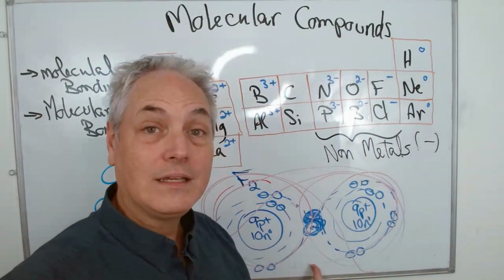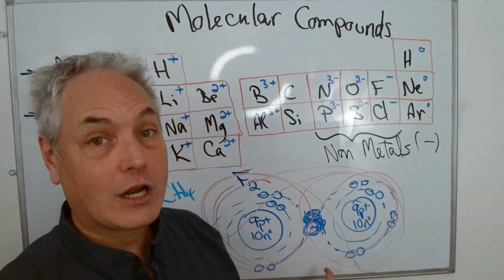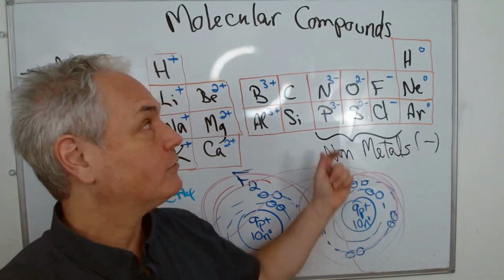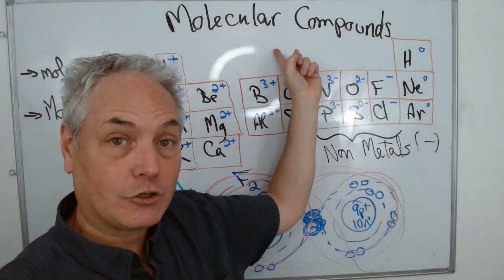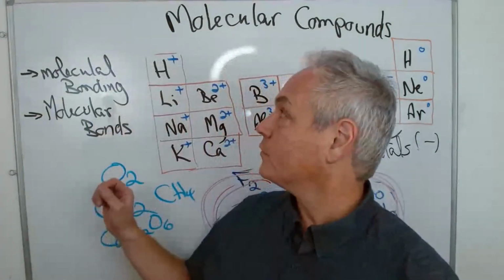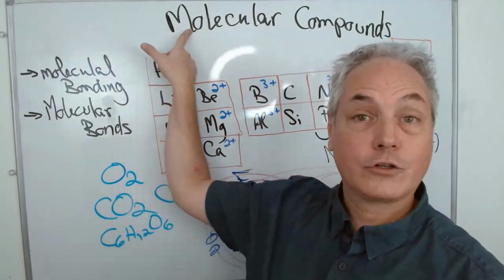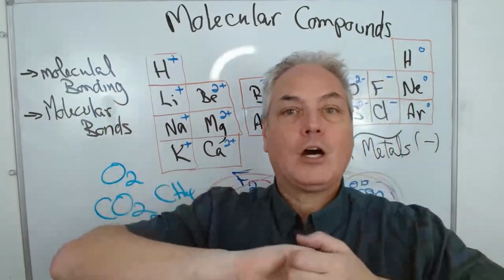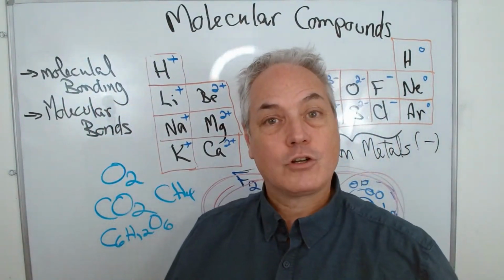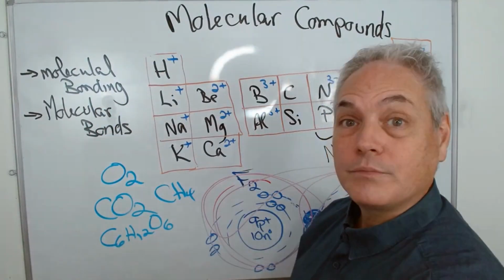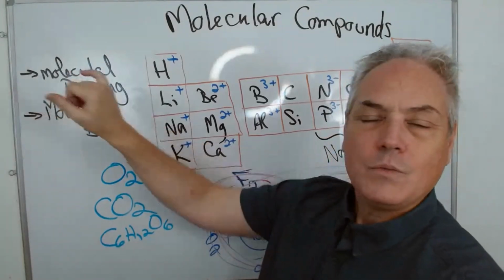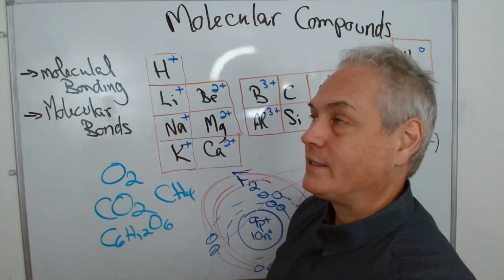How can they be happy here? They're sharing electrons. If they're sharing electrons, they are a molecular compound. How does that work? Well, in order to have a molecular compound, we need to bond together electrons by sharing each other's electrons. So here we call it a molecular bonding.